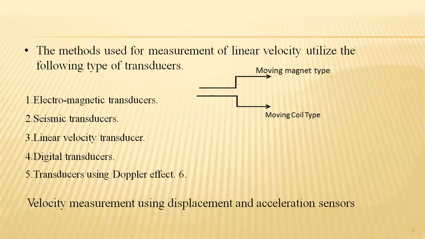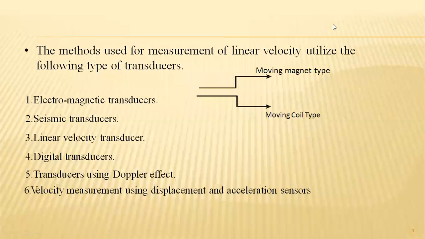Particularly, the methods used for the measurement of linear velocity with the help of different types of transducers will be listed below. The transducer concept plays a major role: transferring from one form to another, changing its physical parameter, is called a transducer.